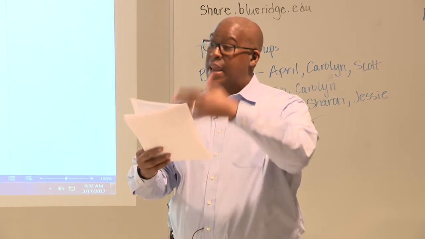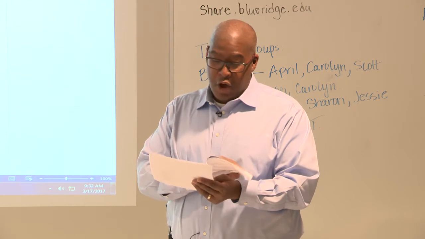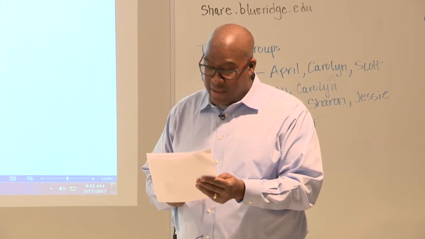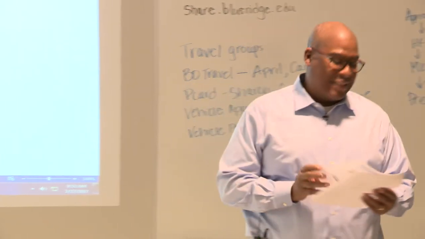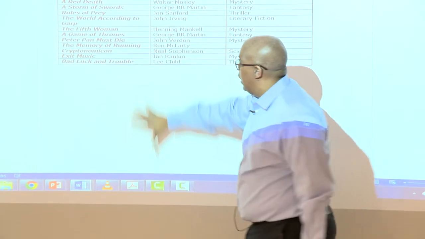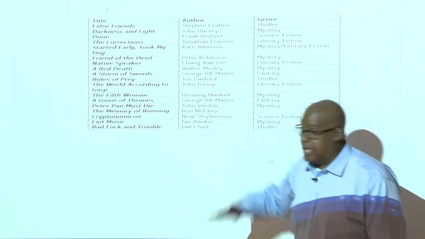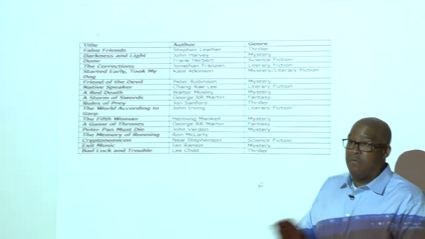You're looking at a table, and the table goes to the second page, so you have to go back and look at what the data you're supposed to be reading is. I hate that, because I could make this table a lot bigger. I want title, author, and genre to go to the next page so they don't have to go back and forth.